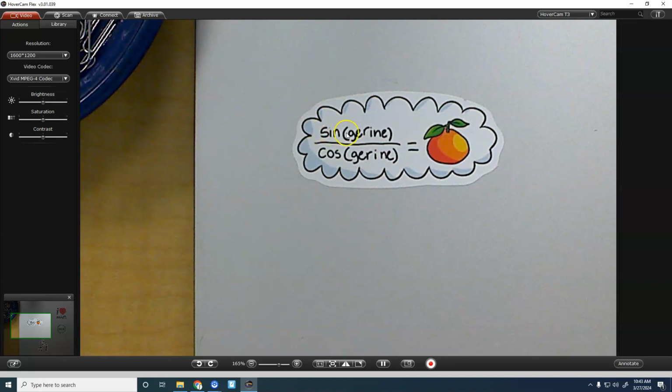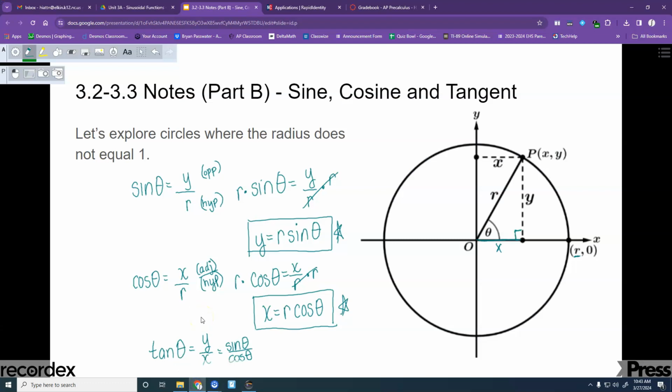But it's sine of gerene over cosine of gerene. What does that equal? Tangerine. So now you can get good math jokes like that because we know about this. All right, so I'm glad you enjoyed that.